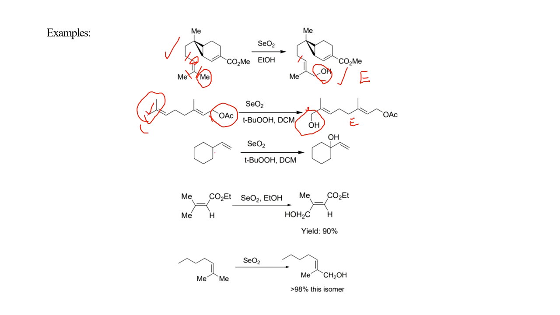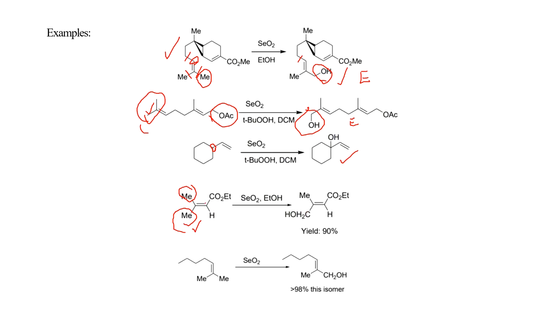And in this case, it is the allylic position. Allylic carbon hydrogen bond gets oxidized to alcohol, and so you will get this alcohol. Here also, these are the allylic positions. This methyl group gets oxidized to alcohol in order to give this E product.